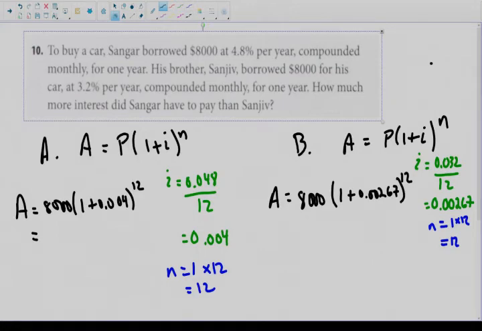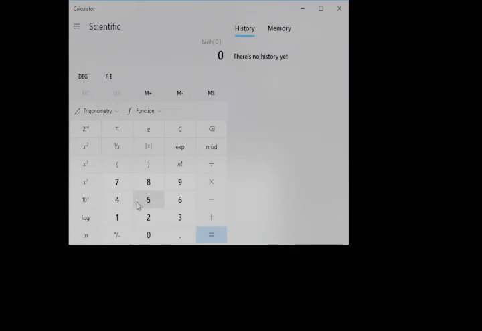I'll just clear my calculator out here. So we've got 8,000 times bracket 1 plus 0.00. Oh, did I put too many zeros there? Oh no, it's 2 zeros. Yeah, sorry, my mistake. Close the bracket to the power of 12.